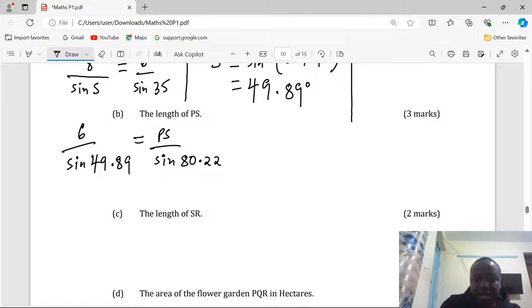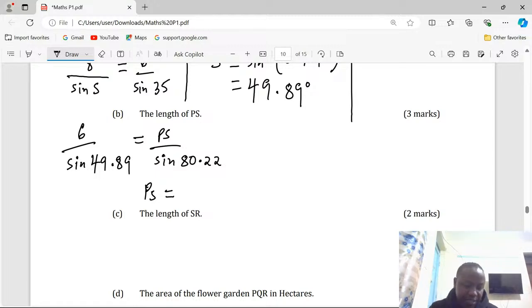Now the length PS can be gotten by cross multiplying by sine 80.22. So 6 multiplied by sine 80.22, then we divide by the sine of 49.89. This is giving me exactly 7.73.